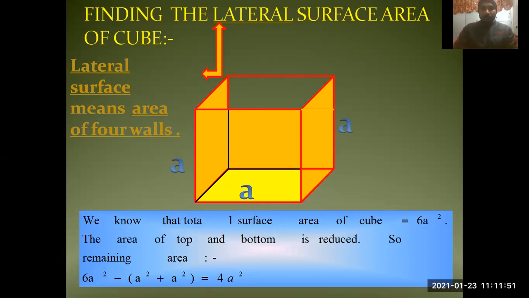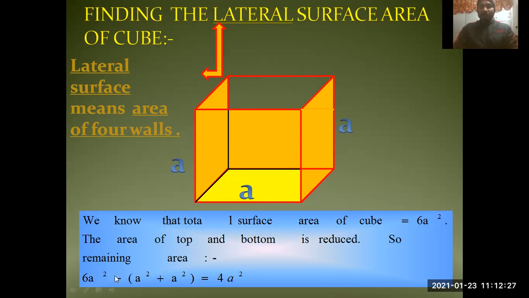Are you clear? So we know that the total surface area of the cube is going to be 6A square because it consists of 6 surfaces. But when we talk about the lateral surface area, we have to remove the top and the bottom area. That is, we have to reduce the 2 square areas. That means the area should be 6A square minus A square minus A square.